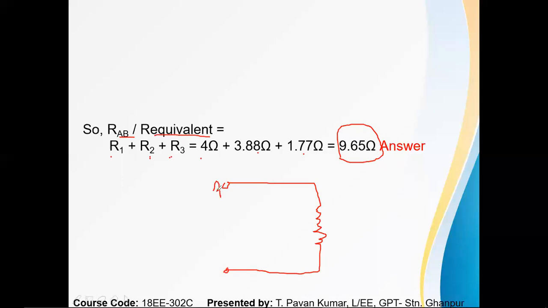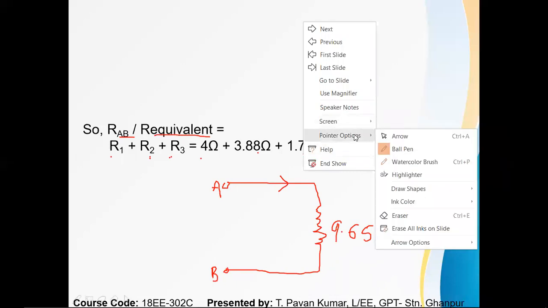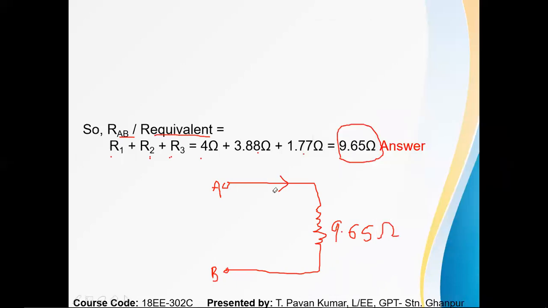This is A, this is B. The value is 9.65 ohms. There is no current, sorry, because there is no battery, hence there is no current.